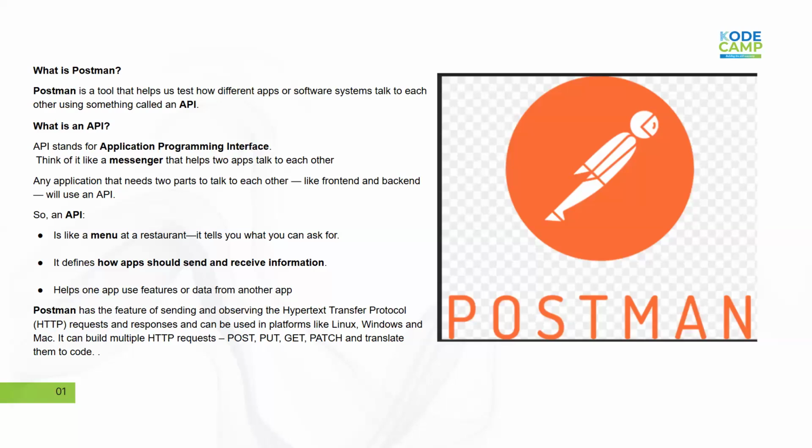It's also for when an app wants to use features or data from another application. Another thing an API does, beyond what we have in our own application, is help us get data from other applications. Imagine you want to build an application and you want to integrate, maybe, a weather forecast.